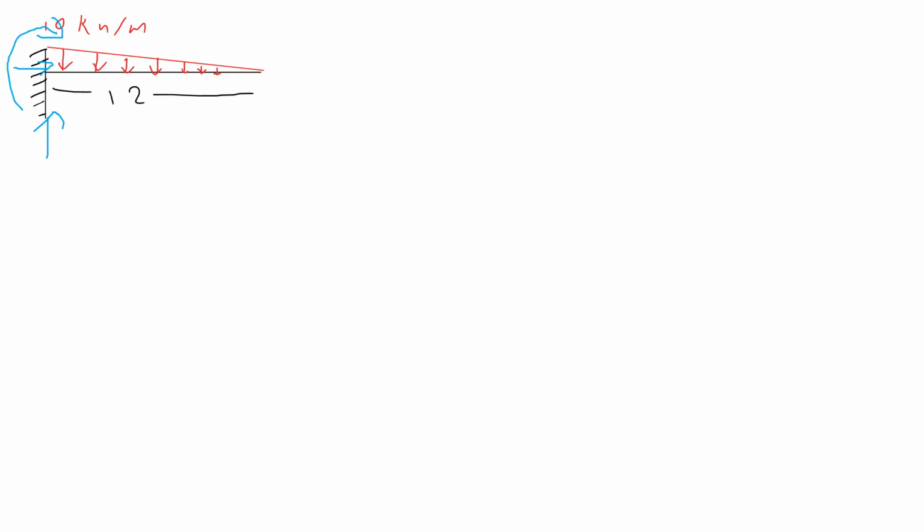Take it like this. So 3 unknown reactions. So I got 3 equal, and I got one support, one structure. So it's going to be 3 multiplied by 1. So 3 equals 3. So statically determinant. So what am I going to need? The only difference here is I got the 10.